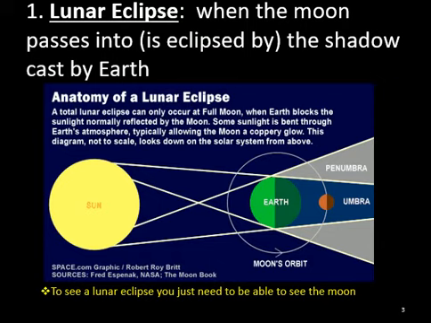The image below shows you the anatomy of a lunar eclipse. Think back to the activity we did in last class when we had our sun set up in the center of the classroom represented by the light bulb. Our Earth was our head with our eyes being our perspective of the solar system. And then over here, we have our moon, which is represented by the munchkin.